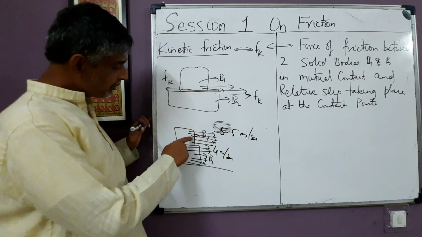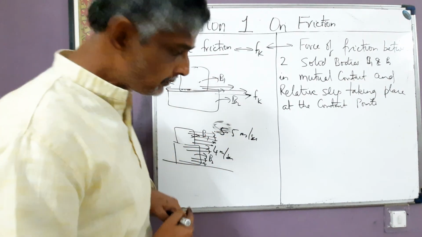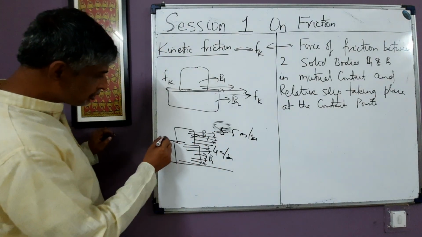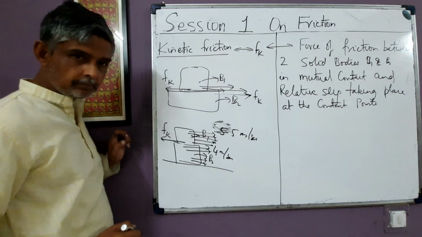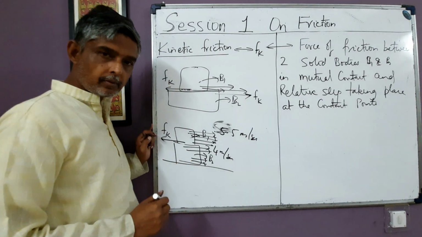Then with respect to B2, B1 is slipping rightward at 1.5 meters per second by the concept of relative velocity. So B2 will exert a kinetic friction on B1 in leftward direction, opposite to the relative slip of B1 with respect to B2.